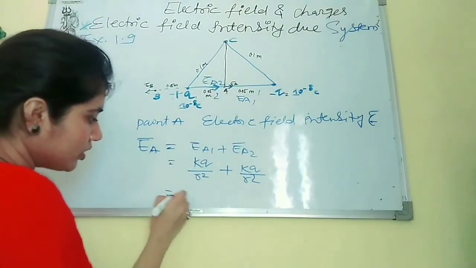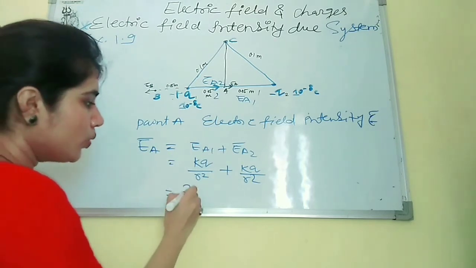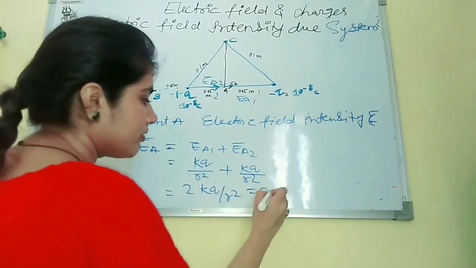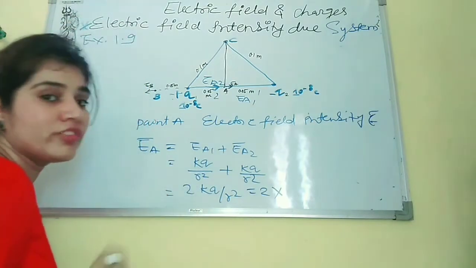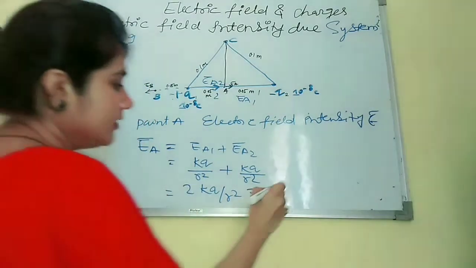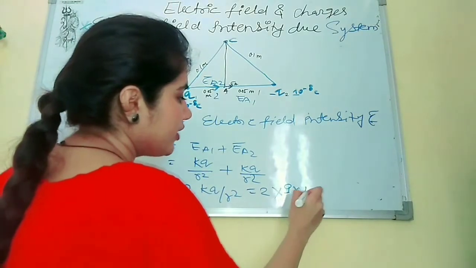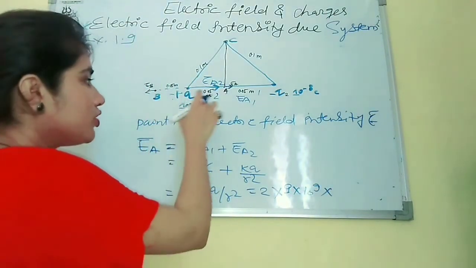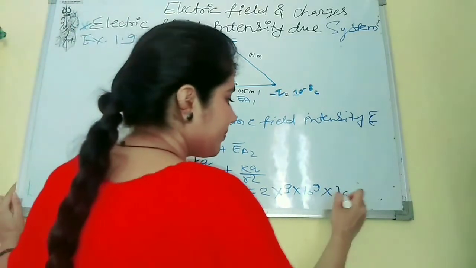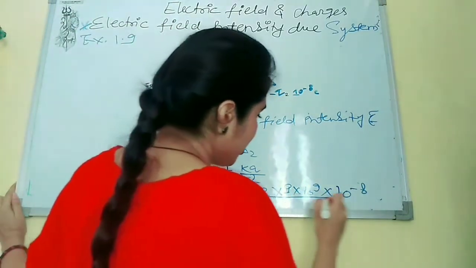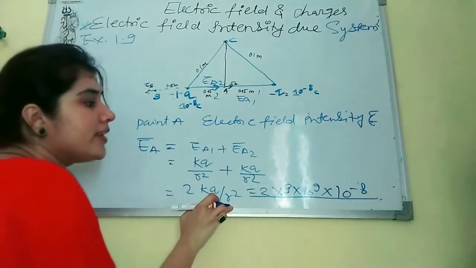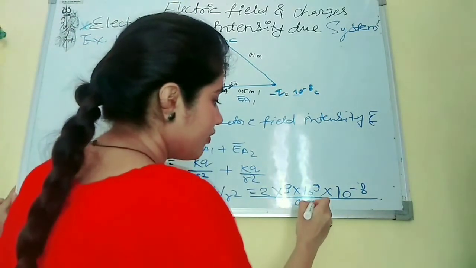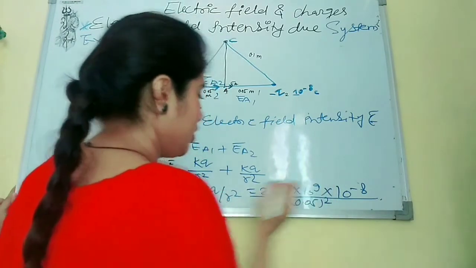So we simply put the values, that will be 2kq upon r square, and we will put the value, that is 2 into the value of k, 9 into 10 to the power 9, into the value of q, 10 to the power minus 8 coulomb, upon the value of r, 0.05 square.